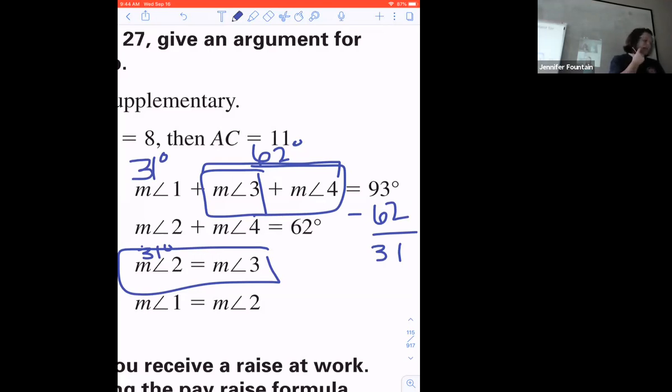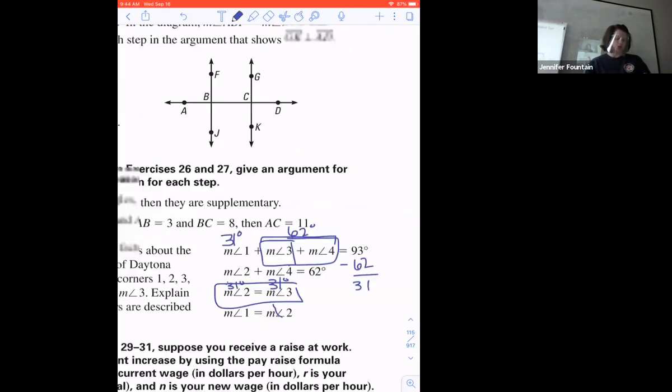Well, I guess they are. I gotcha. So you said you just divided 93 by the 3 that were added together. And that worked out in this one since we know that they're all equal to each other. So they're all going to be 31 degrees there.